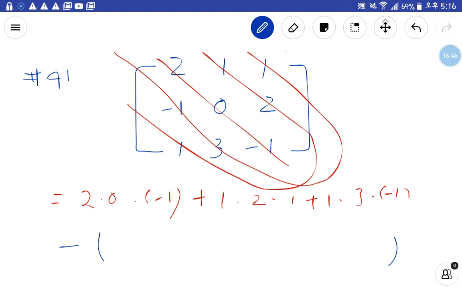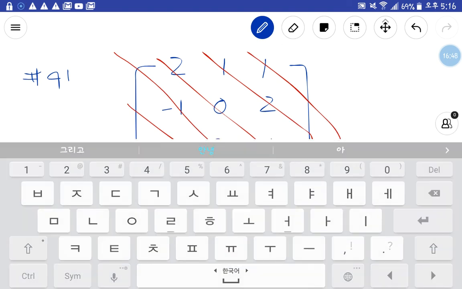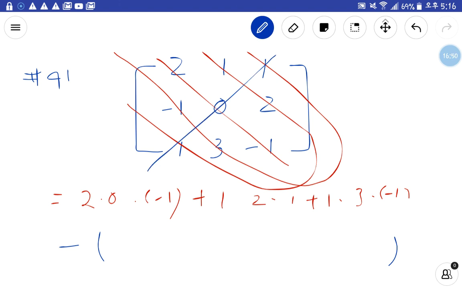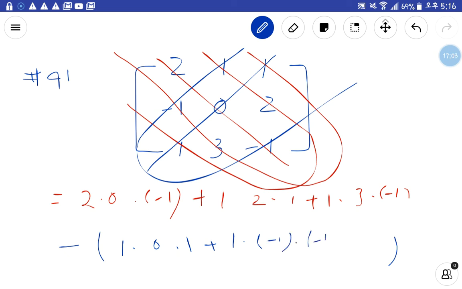And then starting from the top and going down to the left. 1 times 0 times 1. Now what? 1 times -1 times -1. 1 times -1 times -1. My next, 2 times 3 times 2.